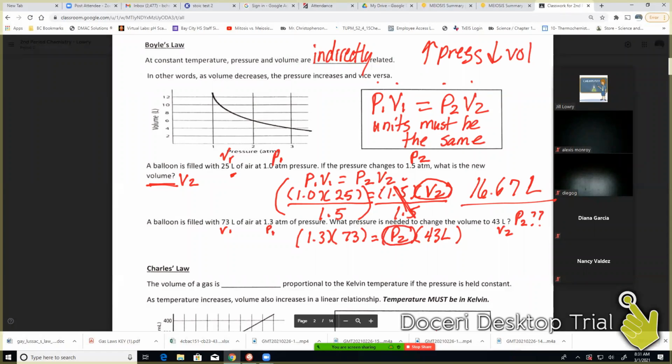I need to get P2 by itself. So what do I need to divide each side by? Perfect. 43. 43 liters cancels that out. And here I'll divide by 43. So that's what'll go into your calculator. 1.3 times 73, and then get yourself an answer and divide it by 43.